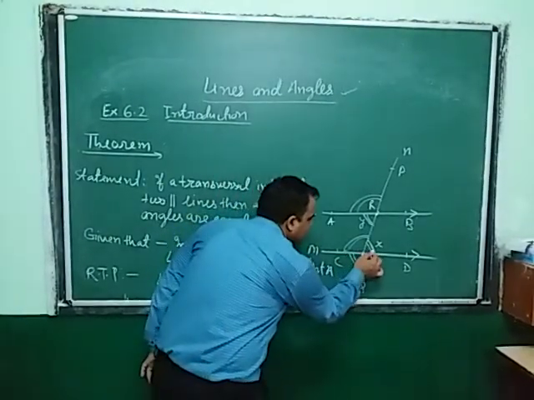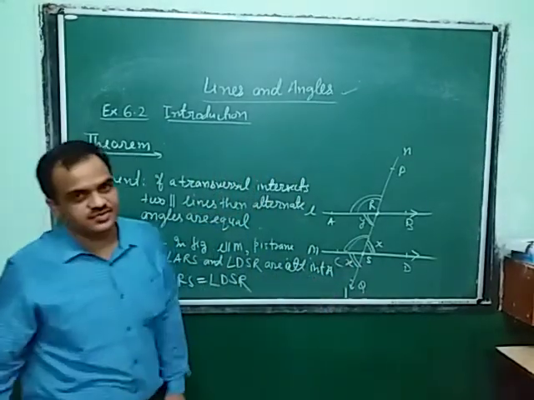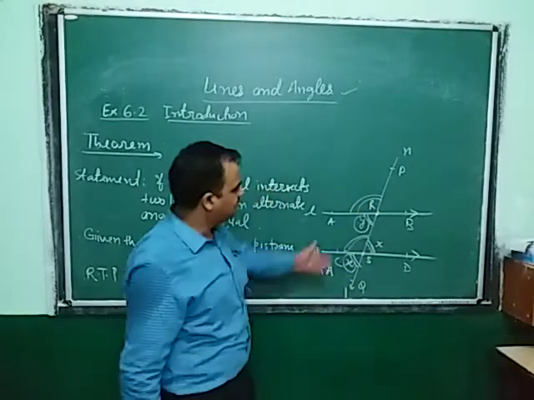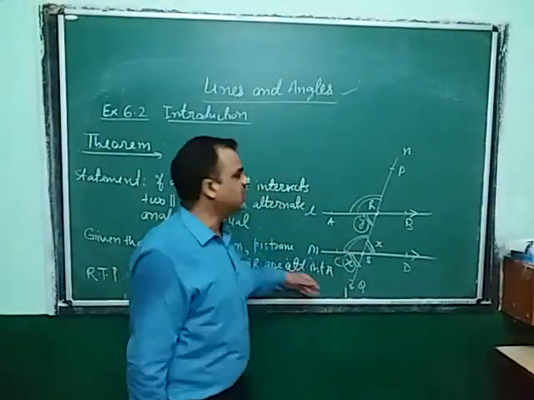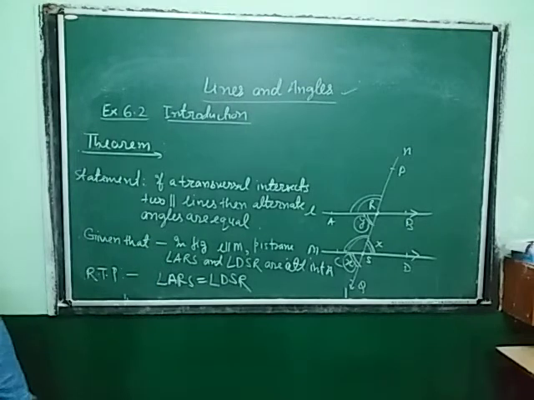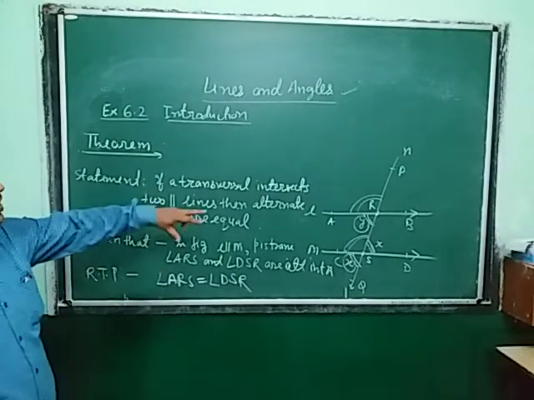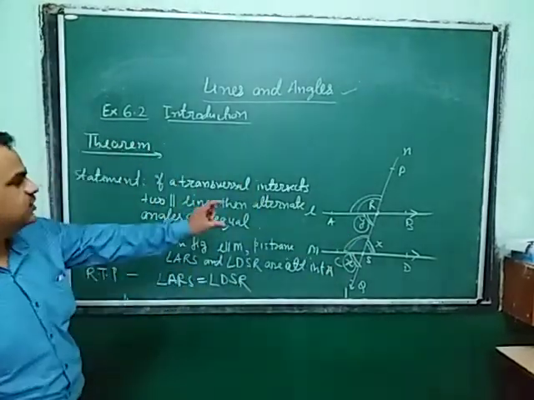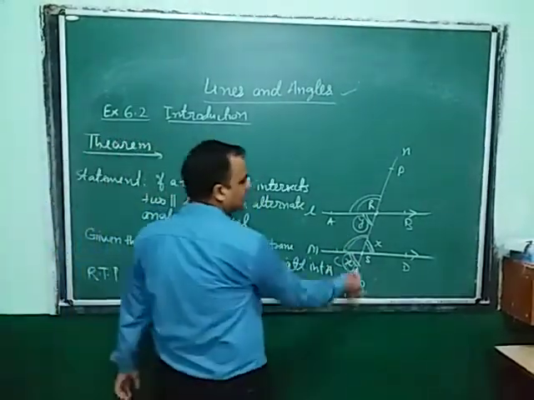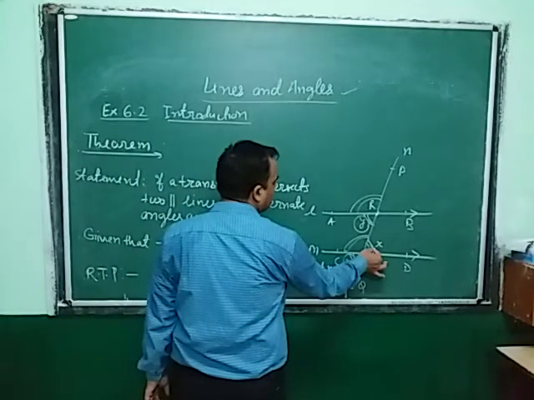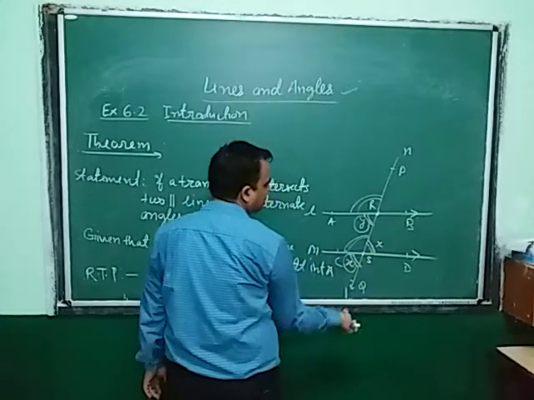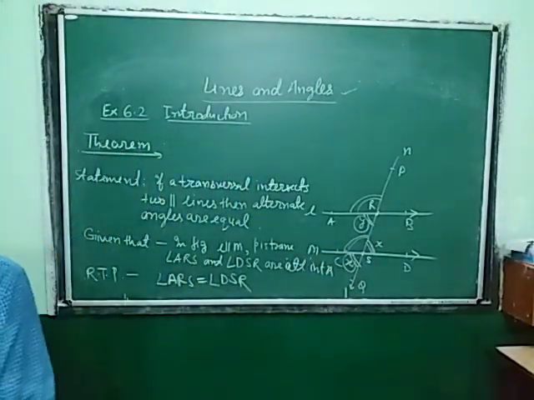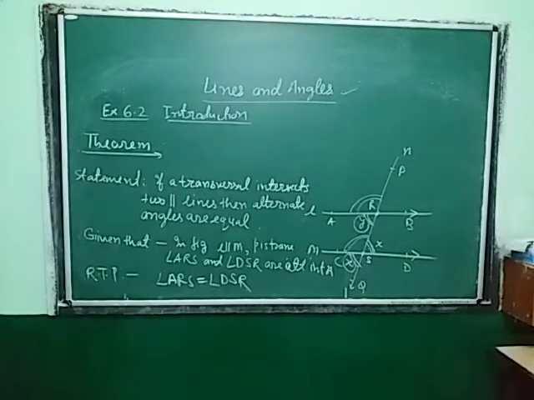So if this angle is x, then obviously this is x. And now what about this angle x and this angle y? They are corresponding angles. Then as per axiom 6.3, corresponding angles are equal. So obviously x equals y. So first of all you will say that these two angles are equal as vertically opposite angles, and then x and y are equal because they are corresponding angles, and hence the proof. This is the way you are going to prove.